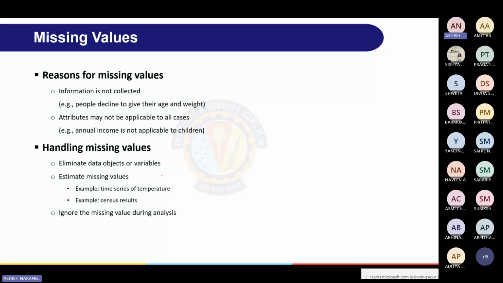Let's say I have a CSV file. When you have a CSV file, you have records like this.